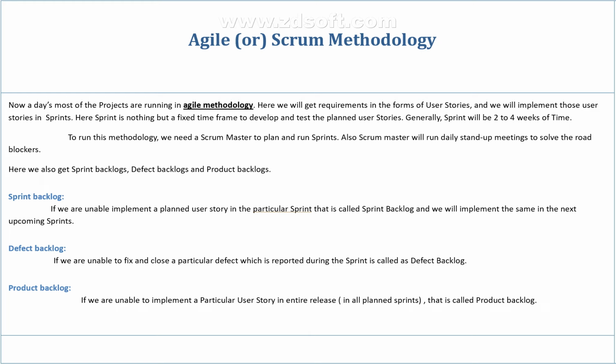So we also have backlogs here. Backlog means if someone, maybe a developer or tester, can't deliver or implement that particular user story on their name within that sprint, for example in a 2-week time frame, unable to fix or develop it, then that will be a backlog.